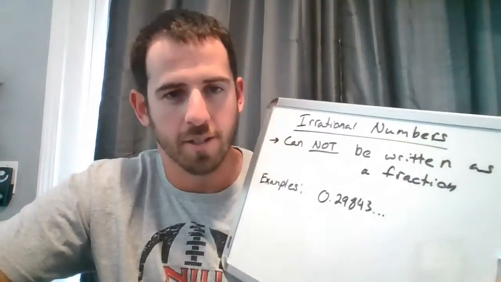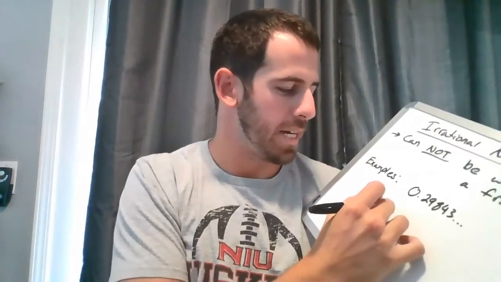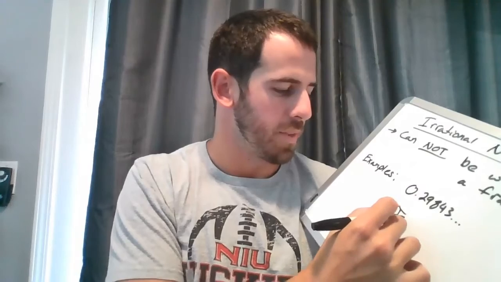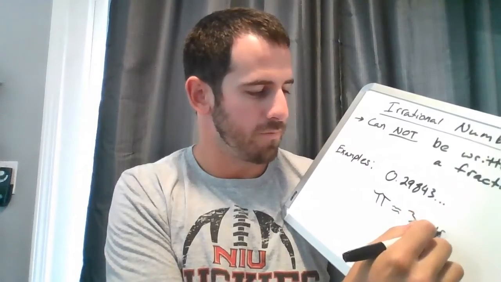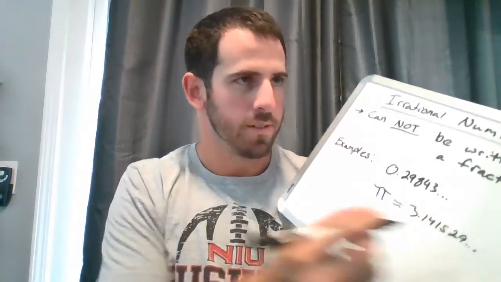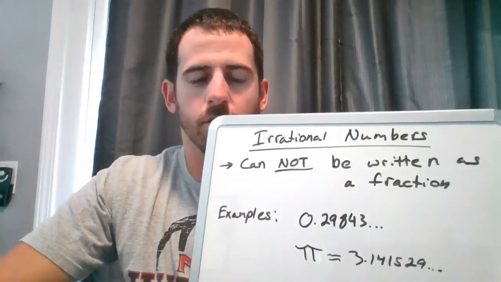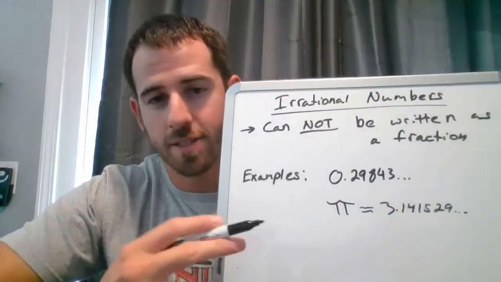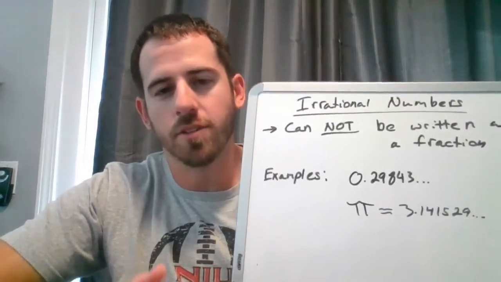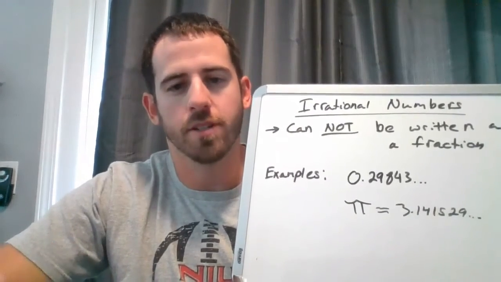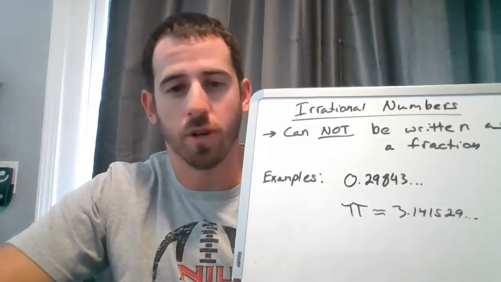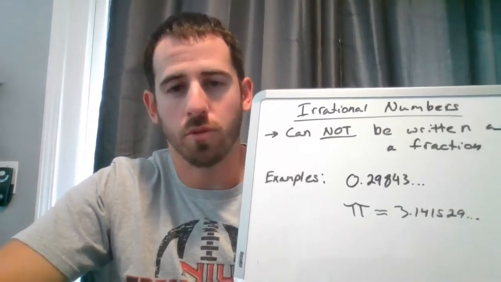The famous irrational number is pi. Pi is something like 3.141529, and so on. It is never going to end. Besides this decimal and pi, the other types of irrational numbers are going to be non-perfect squares, meaning you have a square root and you don't know what the square root of it is.